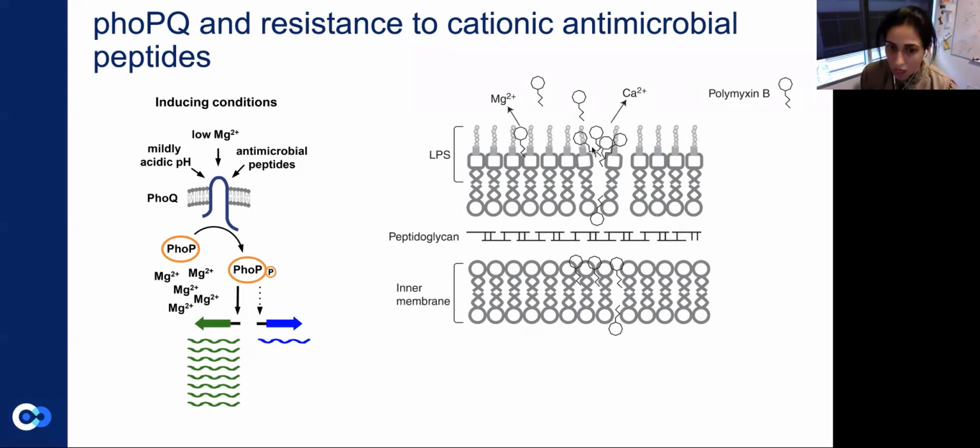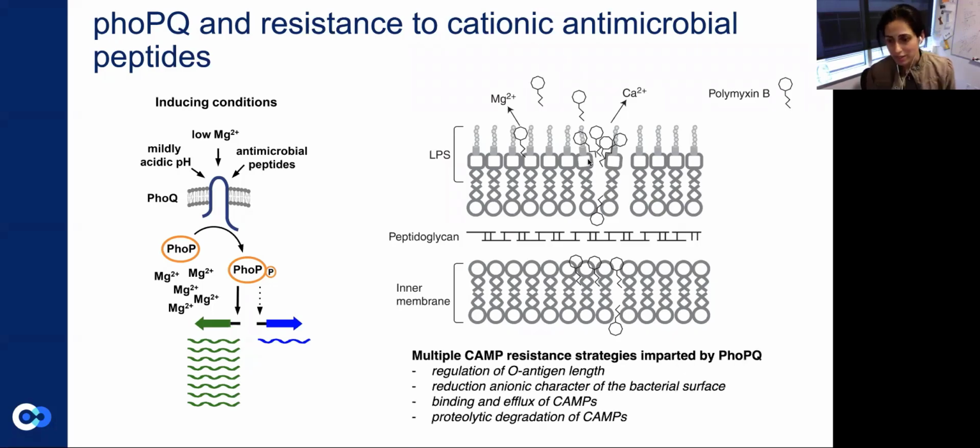Essentially, it can bind to the lipid A portion of the LPS, and it can alter bacterial membrane permeability, and that's the way it kills bacteria. And Salmonella has evolved multiple resistance strategies to polymyxin B and antimicrobial peptides that are imparted by activation of PhoP/PhoQ, some of which are listed here just for the Salmonella aficionados.